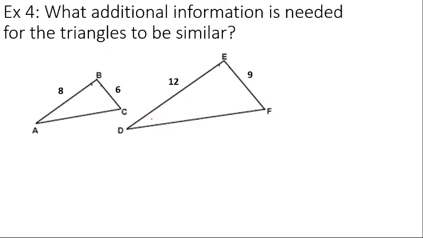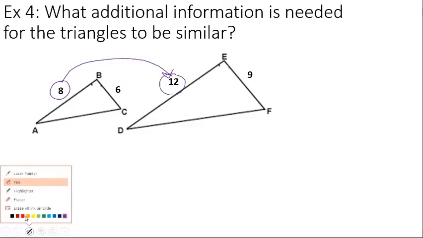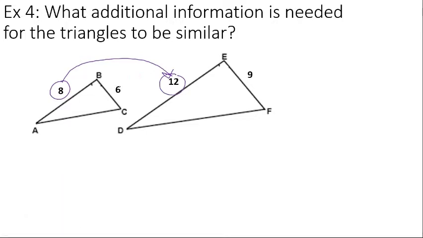Example 4 says what additional information is needed for the triangles to be similar. Okay, so we look at, we go from 8 to 12. And then we have a 6, a 9.